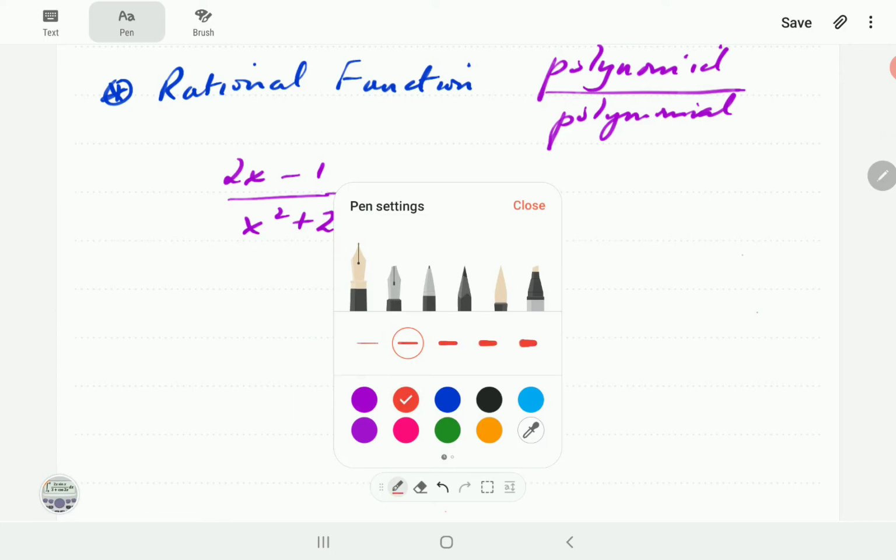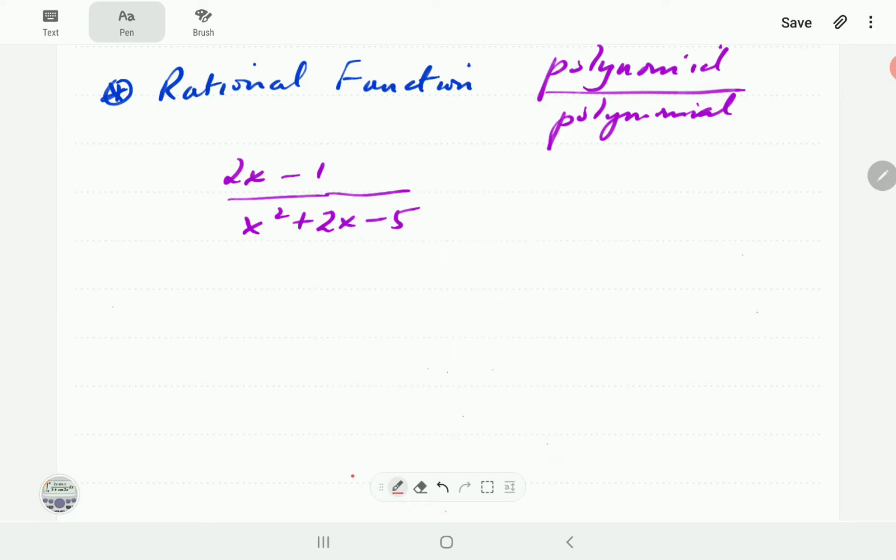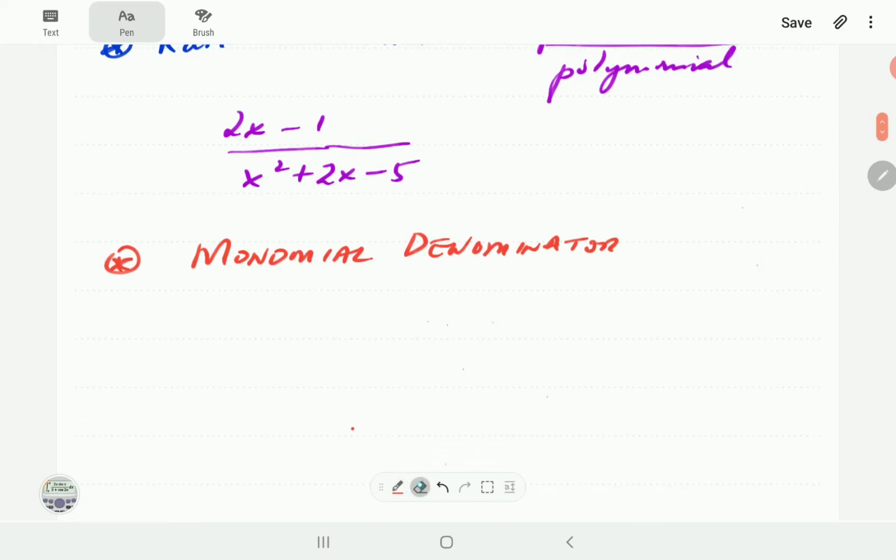Now, in this video in particular, we're going to focus on two cases which are very basic. The first case is the case where the denominator is a monomial. Okay, so if the denominator is a monomial, it means the denominator involves only one term.